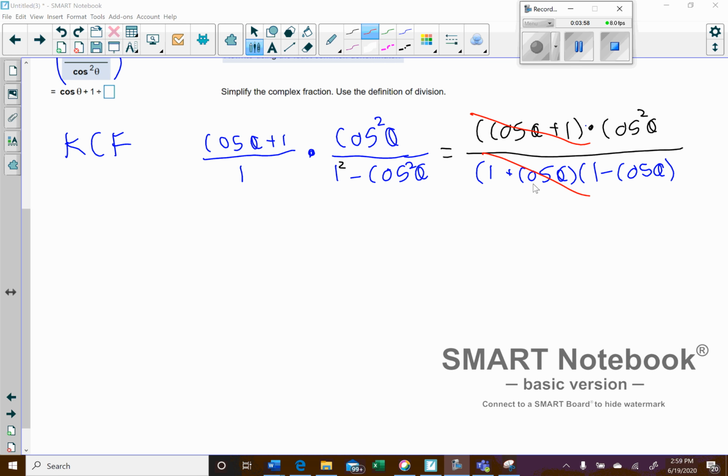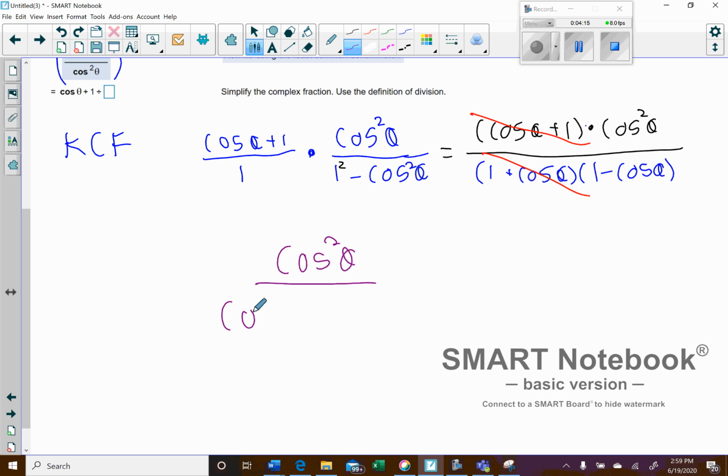Okay, so this is where it gets a little interesting, and in your algebra, you've got to be a little creative here. So we're left with cosine of theta squared over, and on the bottom, I'm actually going to factor out a cosine.